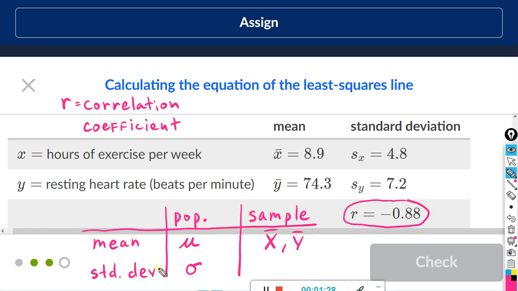And for standard deviation, it's just defined with an S, for the sample standard deviation. If it's the sample for the x's, they just write S sub x. If it's the sample for the y's, they just write S sub y. So I just wanted to outline that so you're not confused. The reason we're not using mu and sigma is because we're not dealing with a population, we're only dealing with a sample.